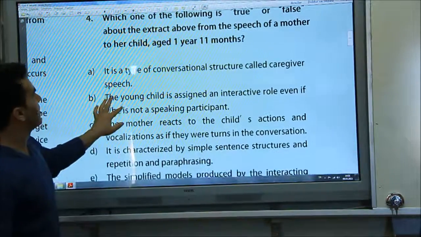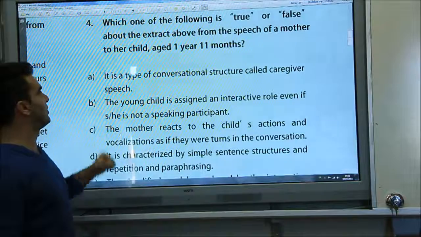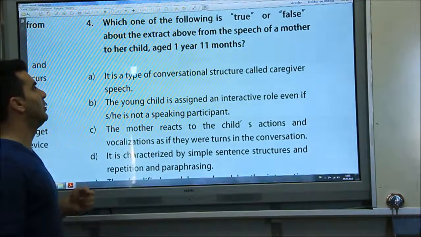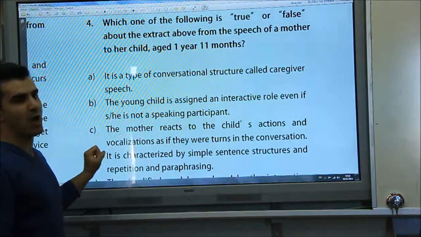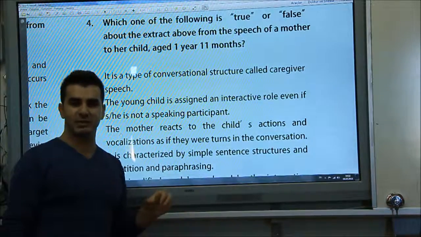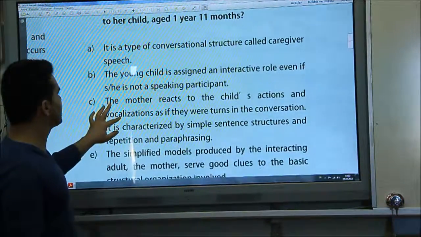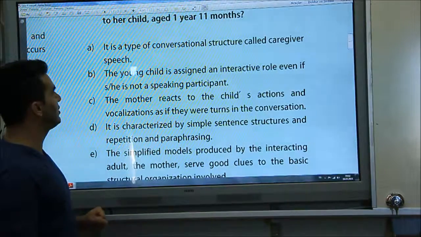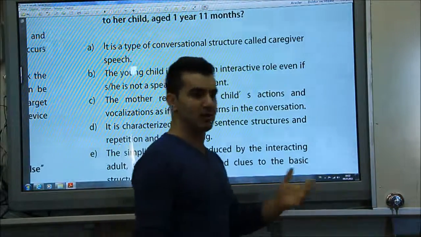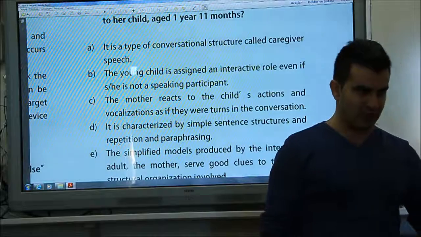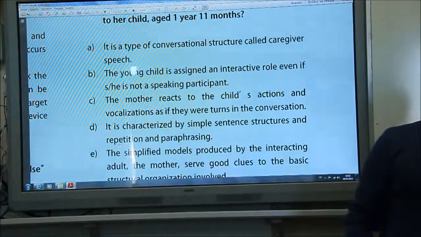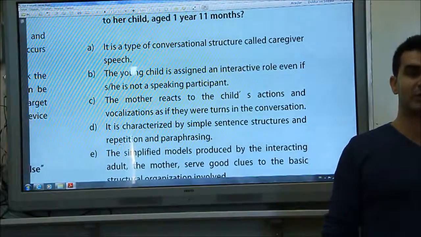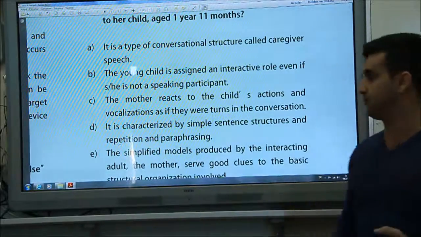Okay. So, which of the following is true or false about the extract above? From the speech of a mother to her child, aged 1 year, 11 months. There's a type of conversational structure called caregiver speech, with intonation, with questions, exaggerated loudness, maybe intonation.